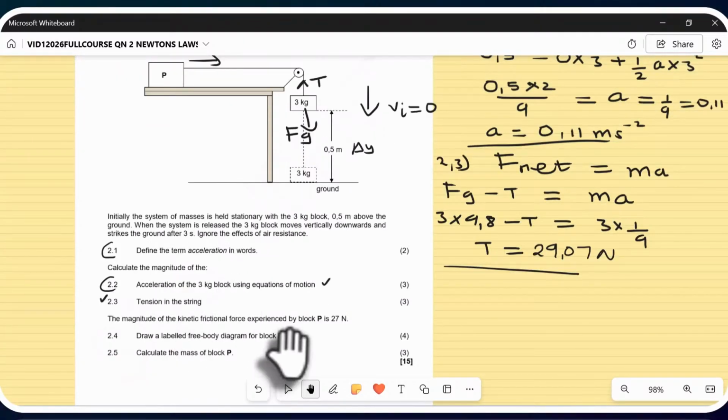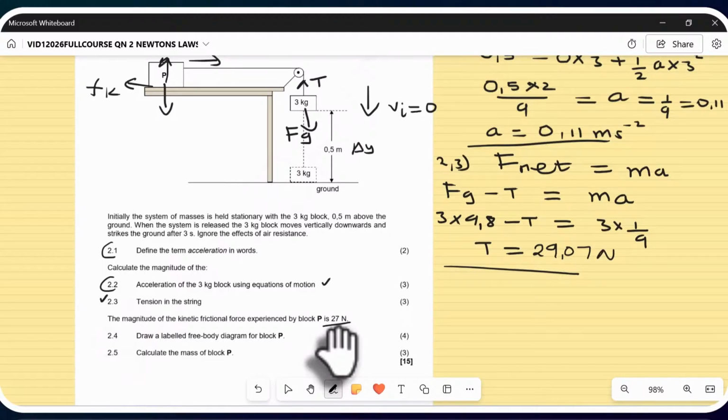So this is a dot here, the free body. This is my normal force, F normal. This is our frictional force, the surface is rough. This is the weight Fg. And then this is the tension.